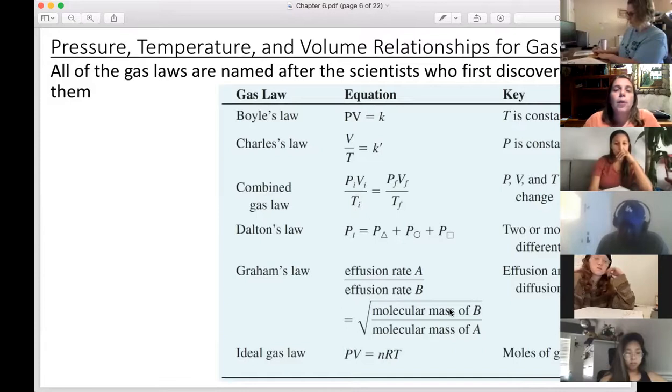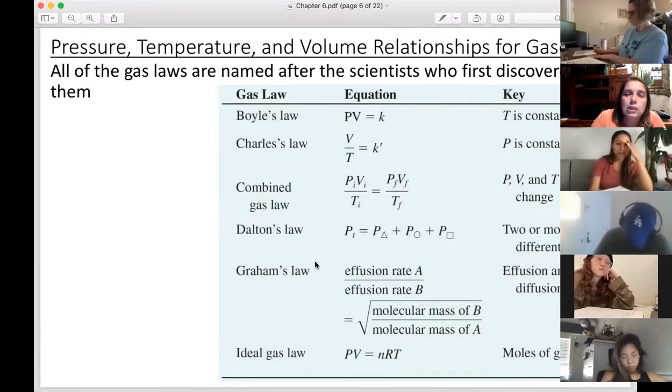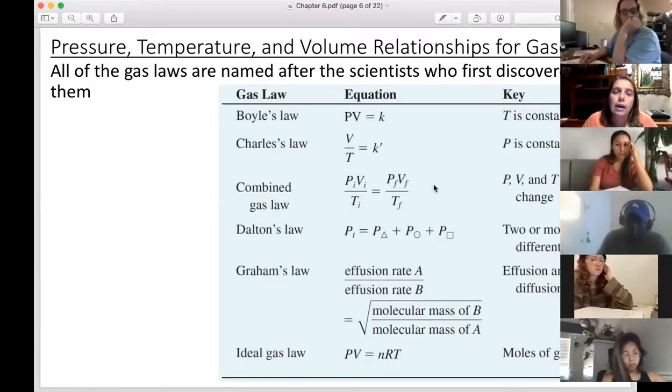So we have Boyle's law, which relates pressure and volume. We have Charles' law relating volume and temperature. The combined gas law, you will see most often when we are dealing with things like, okay, I have a piston or a canister filled with some sort of gas at this temperature, and then it's put in an oven at this temperature.